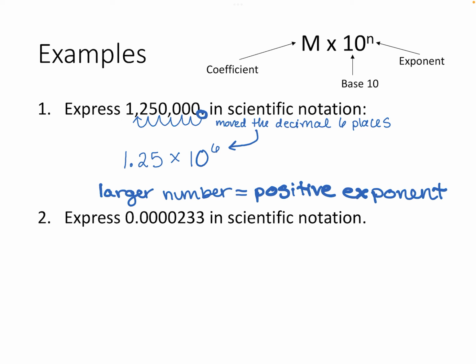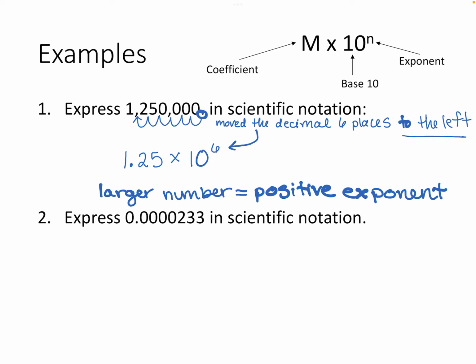So I'll just add up above that we moved the decimal 6 places to the left. So that's also going to give us a positive exponent. So whichever way helps you remember the scientific notation rules is totally fine, however it makes sense to you.